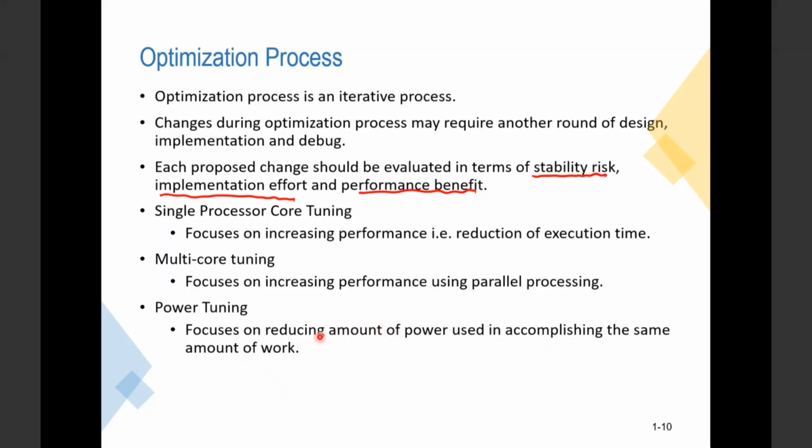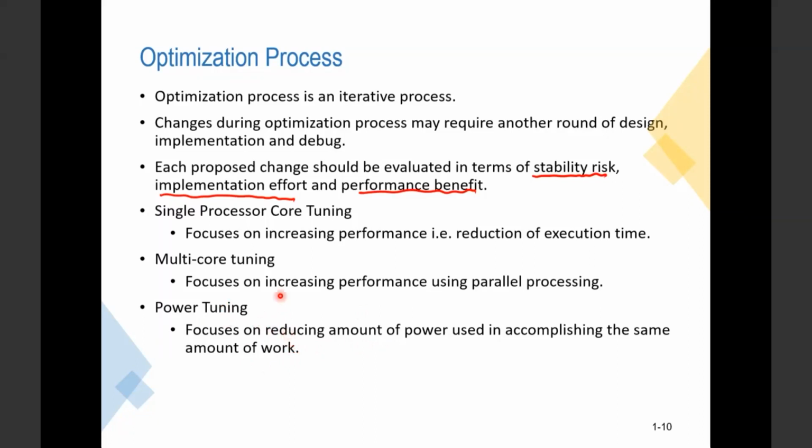So what happens here is we need to tune that power so that even though the system runs faster, the power is still less than usual. All right, so that is what we're going to do for the power tuning.